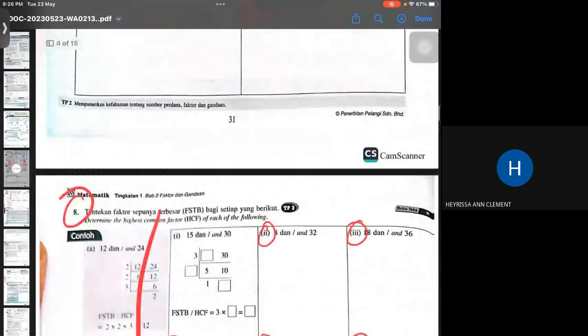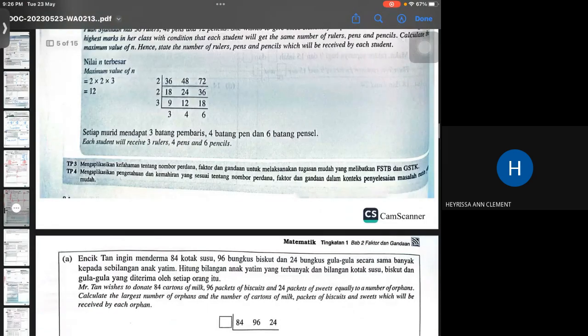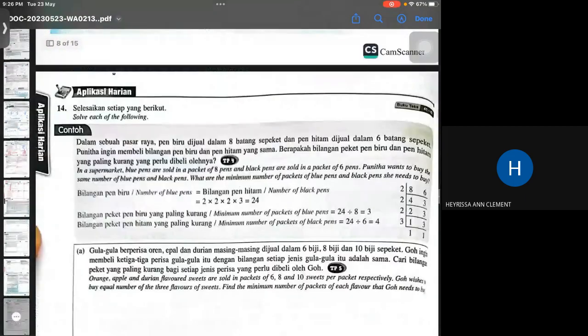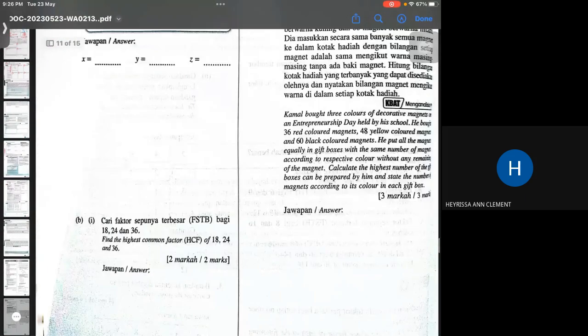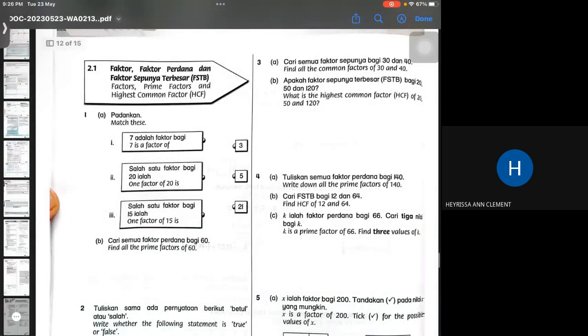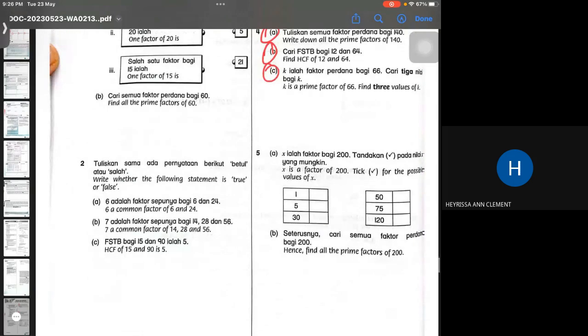Okay, these are the two exercises you need to complete. Okay, another exercise is here. If you want to do it, you can. Okay, these are the exercises that you can do.